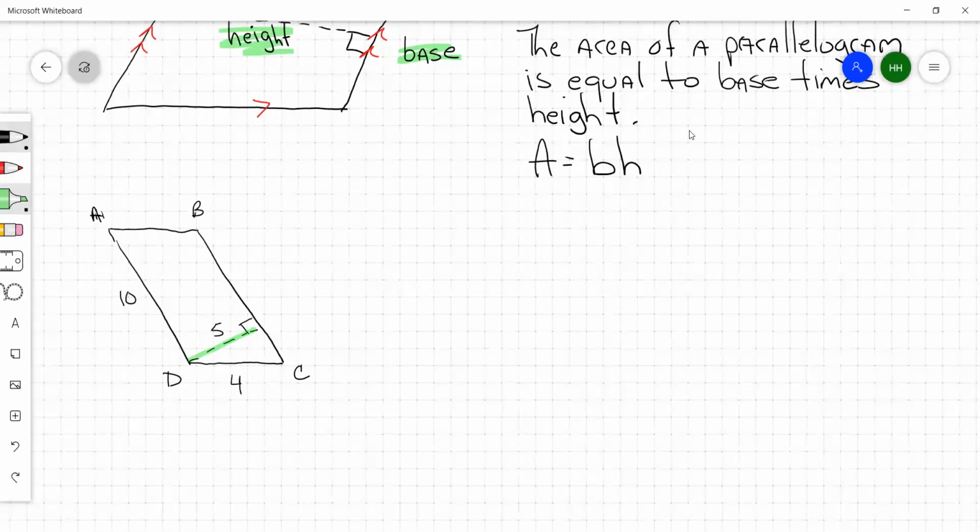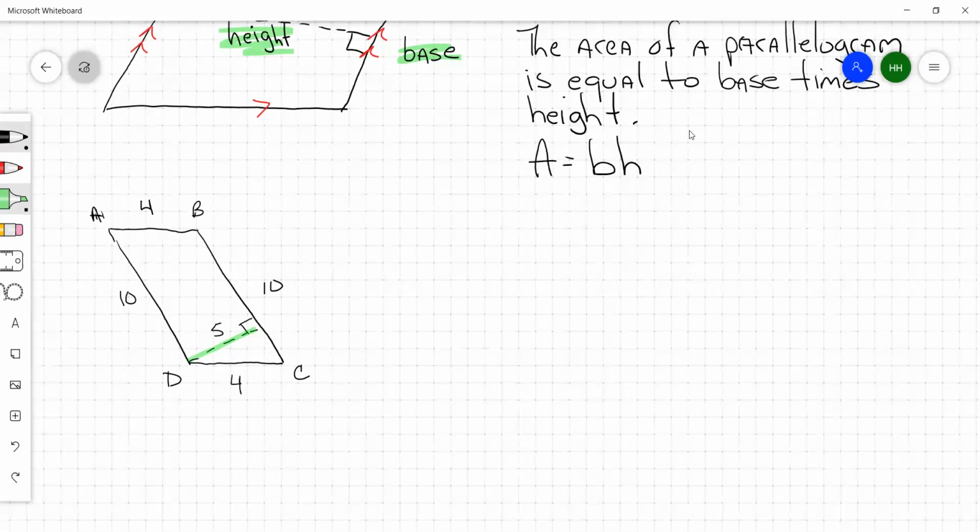Let's do this. What's the length of side AB? What's the length of side BC? You've identified the 5 as the height. So if the 5 is the height, aren't the base and the height perpendicular? So what side is the height perpendicular to?